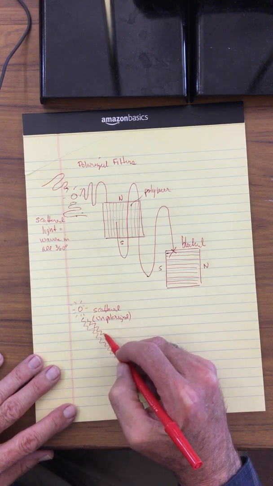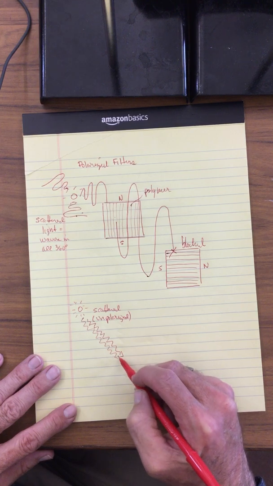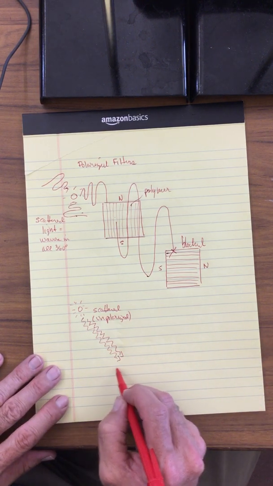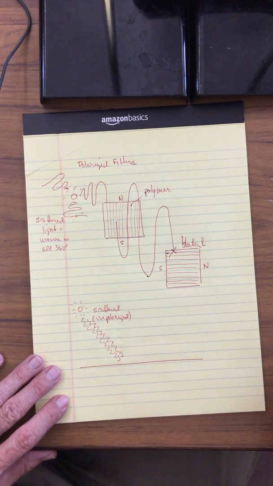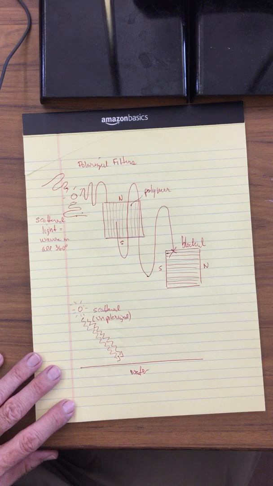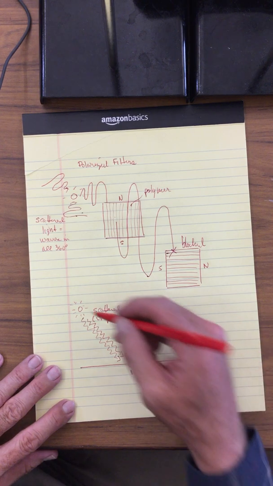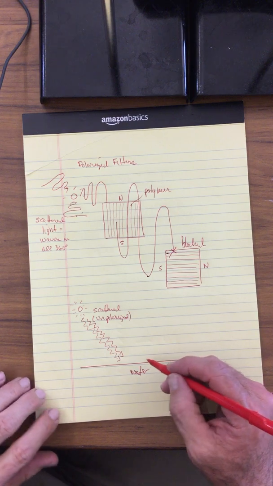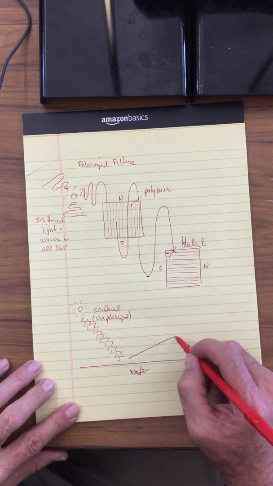I'm going to try to draw this in a different orientation. They're coming down to hit the earth. And if it hits the surface of water, sunlight, of course, is going to reflect off of that water. But what's interesting is that when scattered light hits a surface and reflects off of that surface, it comes to your eye polarized.